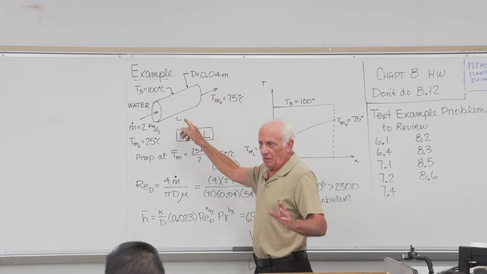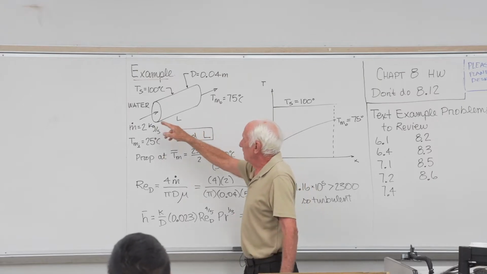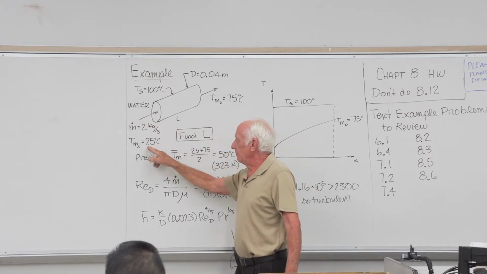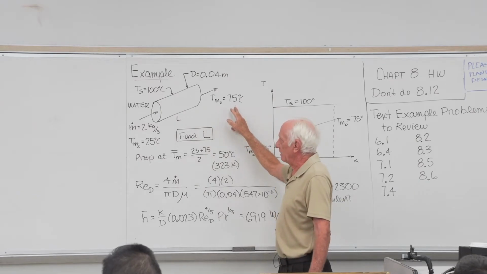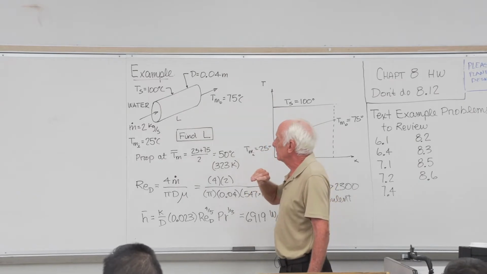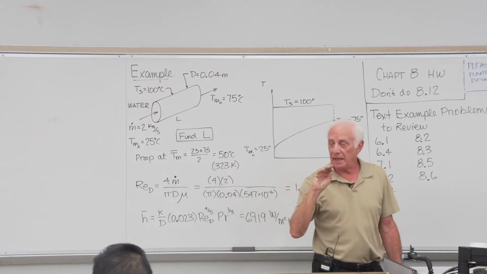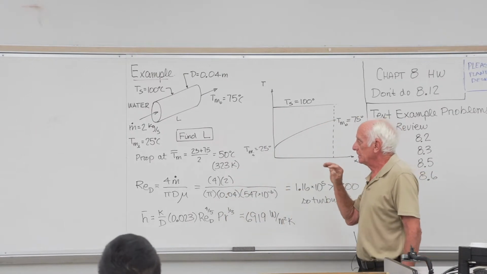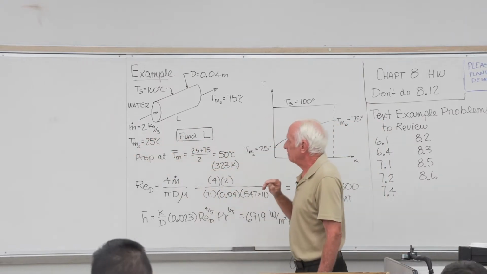The length is unknown, but we're asked to find how long the tube should be for water to be heated from the inlet at 25 to the exit at 75. The tube surface temperature is assumed to be constant at 100 degrees C. The water flow rate in the tube is 2 kilograms per second.